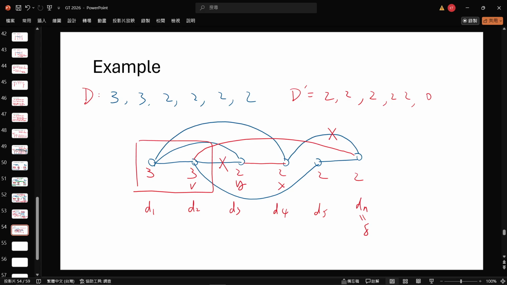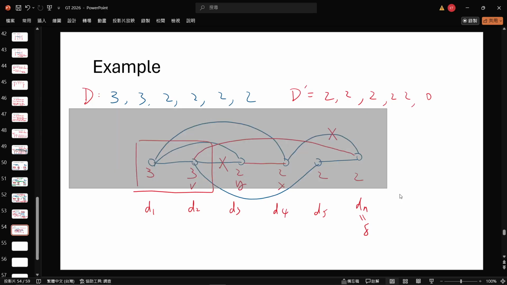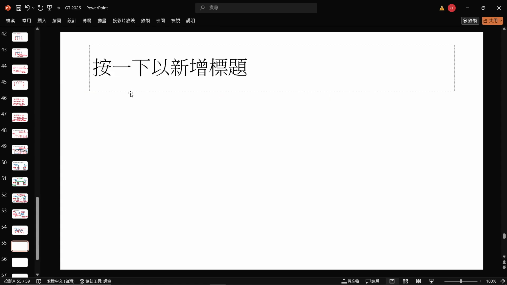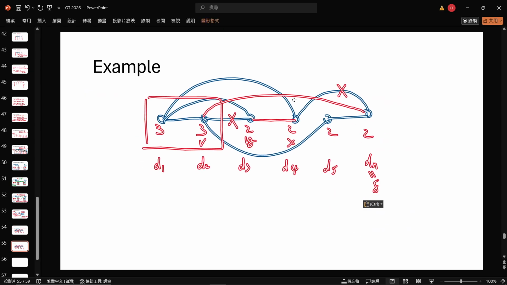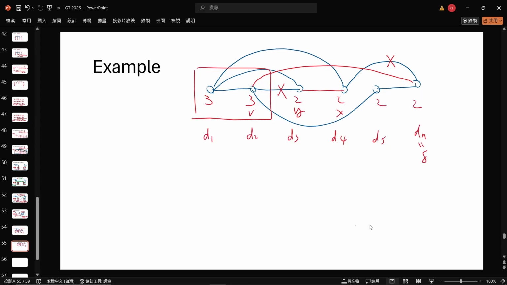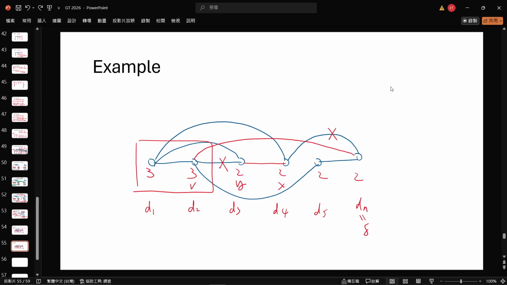Okay, let me draw the new graph. Okay, so same degree sequence, 3, 3, 2, 2, 2, 2.